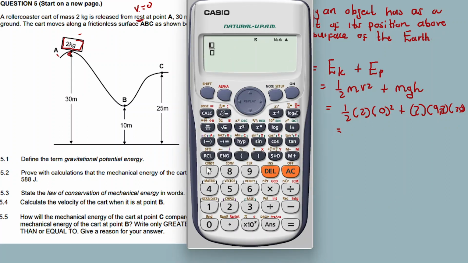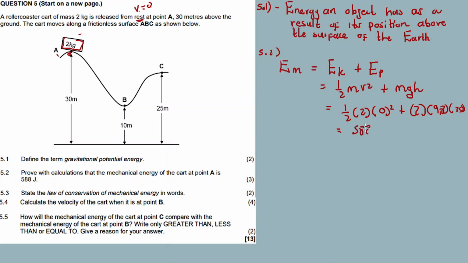So it's 1 over 2 times 2 times 0 squared plus 2 times 9.8 times 30. The answer is 588. So the mechanical energy at A is 588.